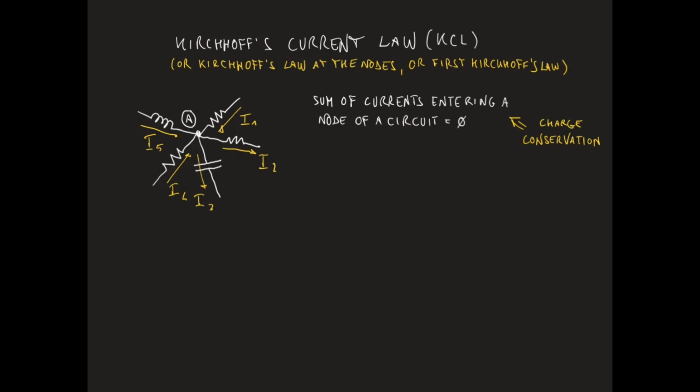Each of the currents will have a direction. So for example, I1 and I5 and I4 point towards node A, while I2 and I3 flow out of node A.